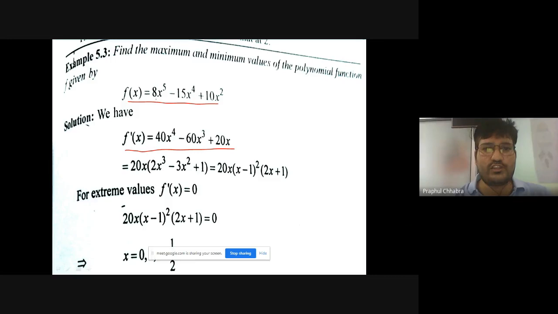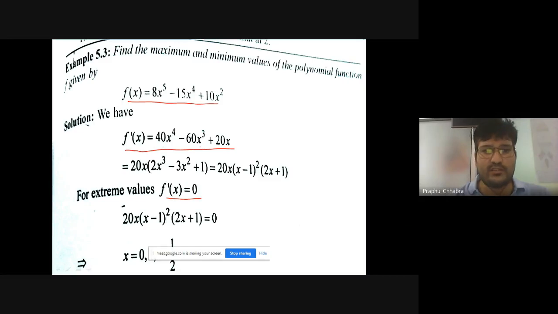So the differentiation of 8x raised to the power 5 is 40x raised to the power 4. The simple differentiation we are doing, minus sign, 15x raised to the power 4 is 60x cube and 10x squared is 20x. So we differentiate the given function one time with respect to x. Right? Now let f dash x be 0.